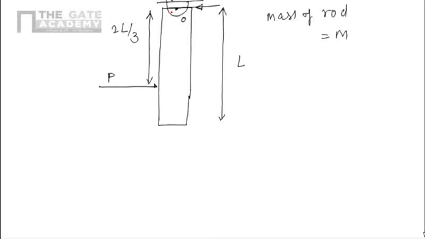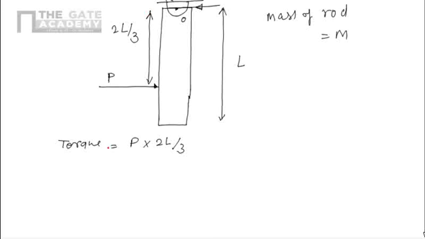So we can apply the D'Alembert principle for converting this system into dynamic equilibrium. If you see, only one disturbing torque acts at point O, and we can easily calculate it, that is P into 2L/3. That is the torque.